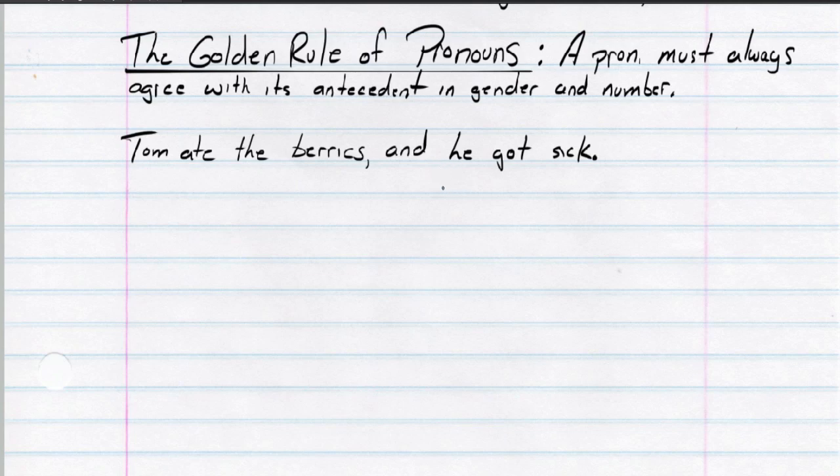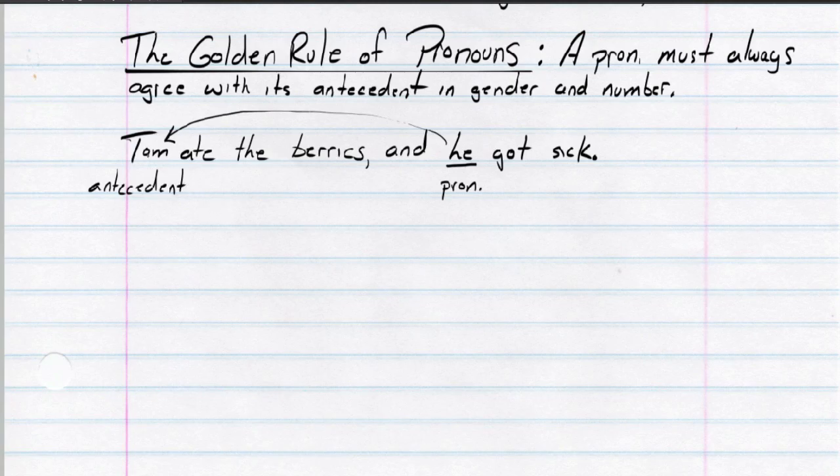All right, so underneath he, I want you to write P-R-O-N because that's our pronoun in this sentence. So the antecedent is the word that comes before the pronoun that shows you who the pronoun is replacing or who the pronoun represents. So in this sentence, we have the pronoun he. The antecedent of he is the word that comes before he that tells us who he is. In this case, it is Tom. So underneath Tom, write antecedent. A-N-T-E-C-E-D-E-N-T, antecedent.